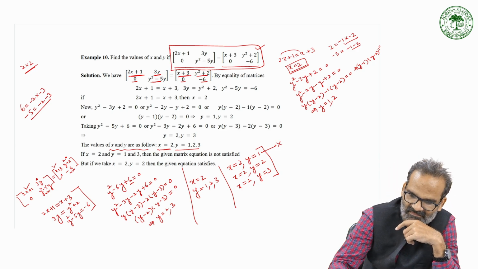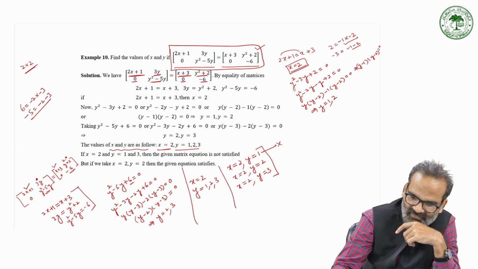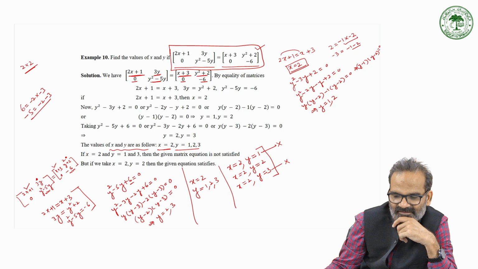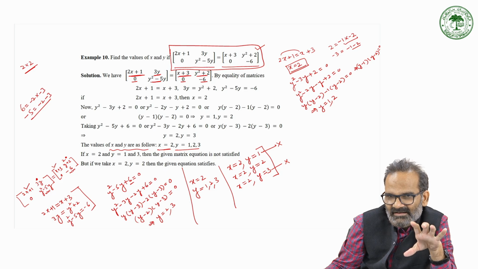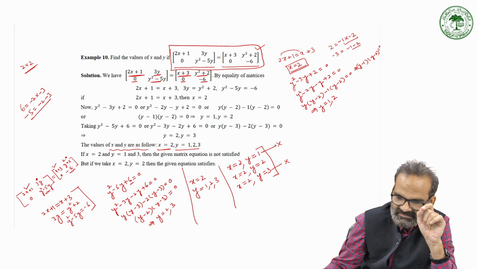And if you put x equals 2 and y equals 3 in the same equation, this is also not satisfied. So case 1 and case 3 are ruled out because these values of x and y do not satisfy our given matrix equation.